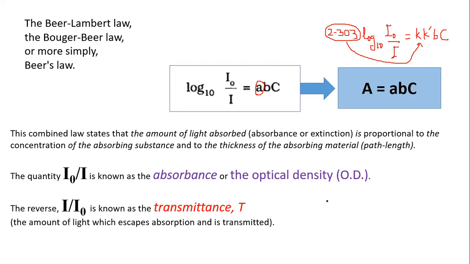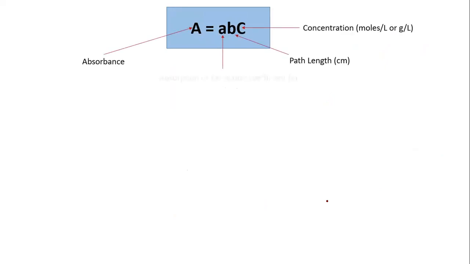Now, there are certain things that you need to look at here. This is absorbance, this is concentration, this is the absorption coefficient or extinction coefficient, and this is the path length, right?